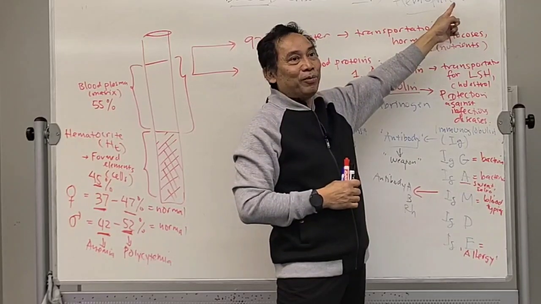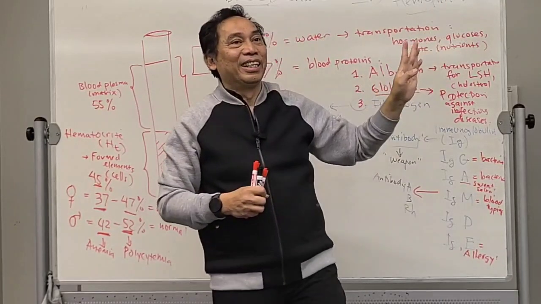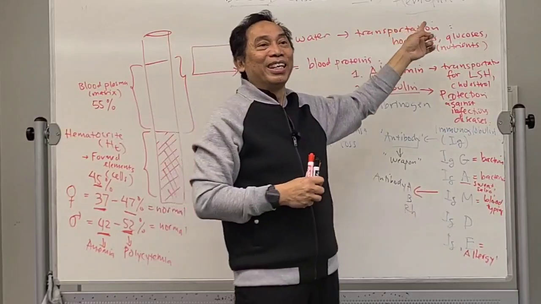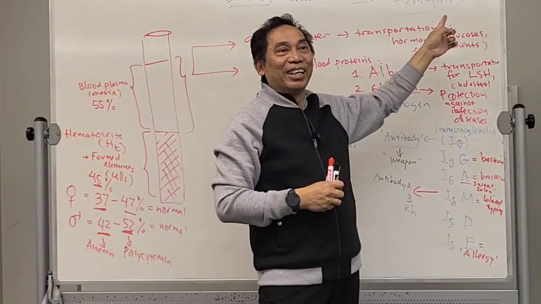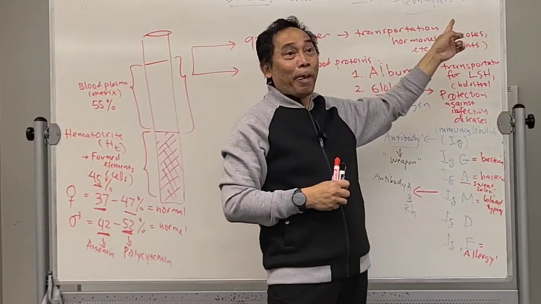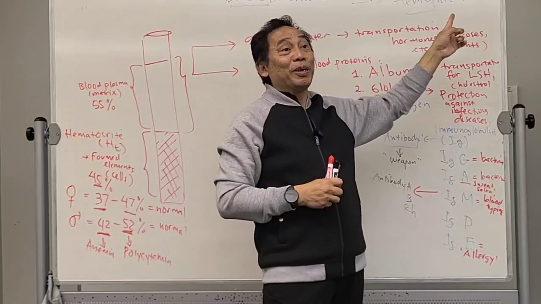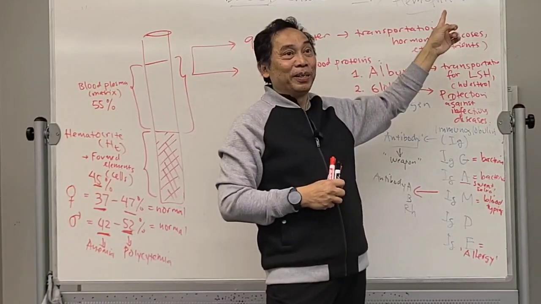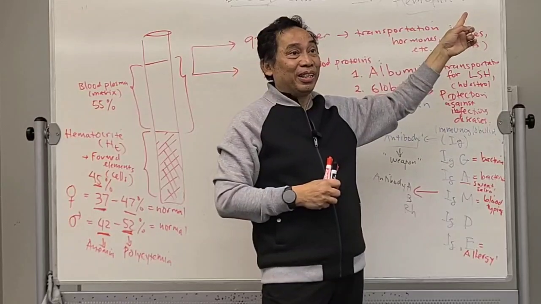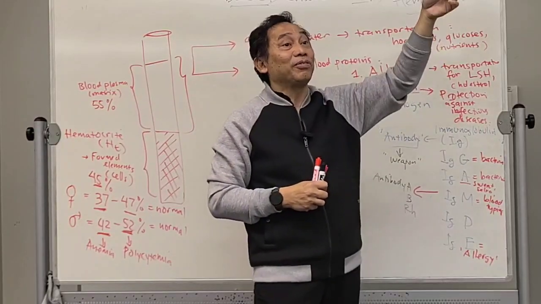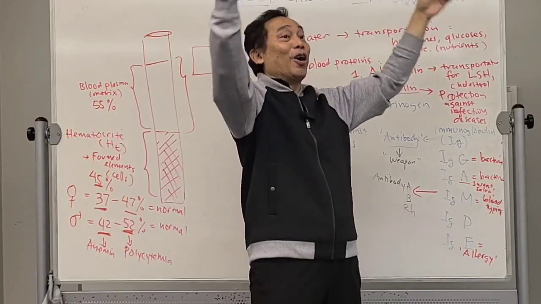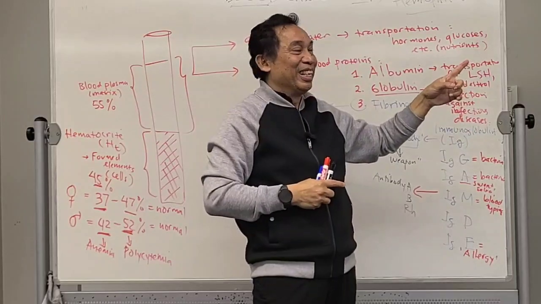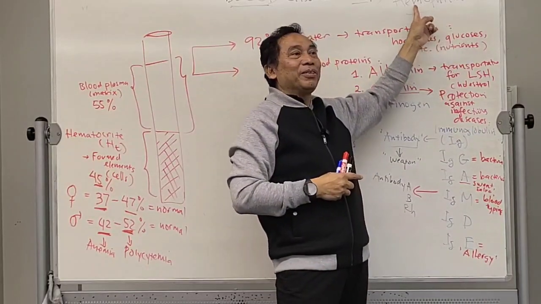What does phobia mean? Fear. Now what does philia mean? What is the opposite of fear? What does Philadelphia mean? Anybody go to Philadelphia? Phil means love. Philadelphia is the city of brotherly love. So Phil means love.